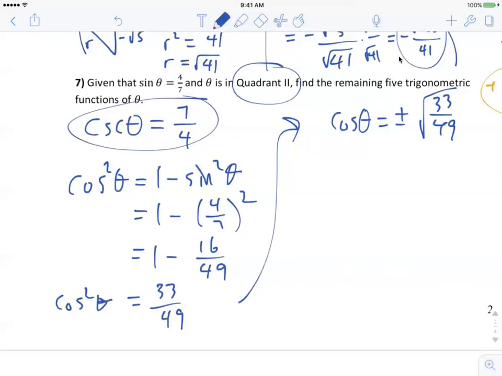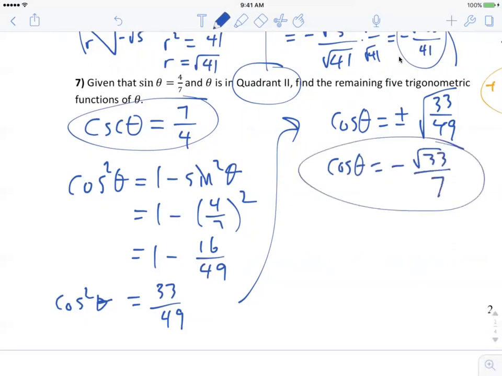That's negative, right? Quadrant 2 is where the x coordinate is negative, which is associated with cosine. So cosine theta is negative, and we can take the square root of 49, which is just 7. Okay, 2 down.